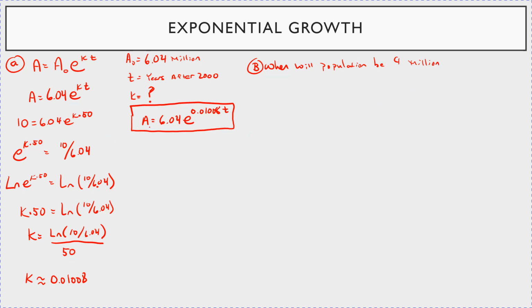Well, so I'm just going to plug 9 in for A here. So it's 9 is equal to 6.04 e to the 0.01008t. Now again, you're just going to follow the same process and solve for t here. Okay, so divide the 6.04 over.